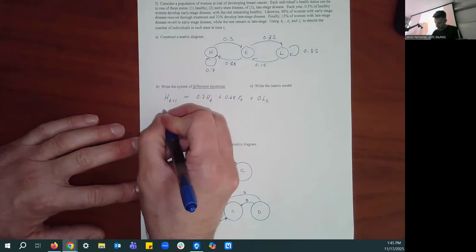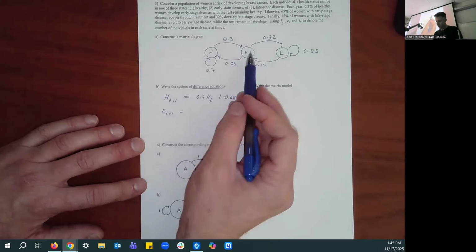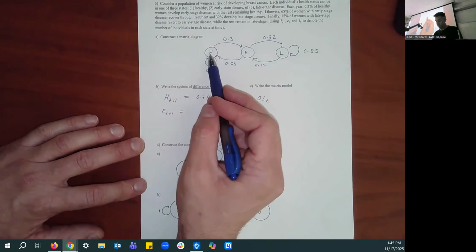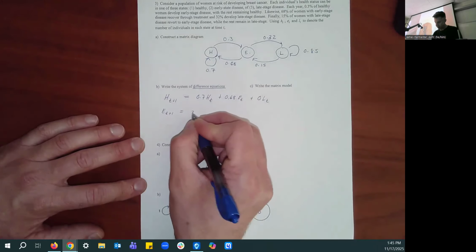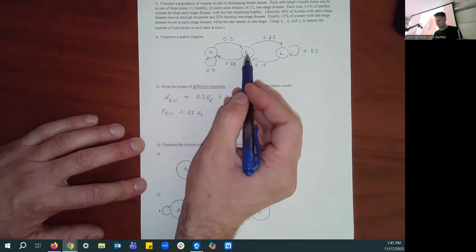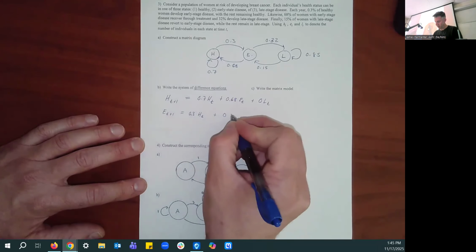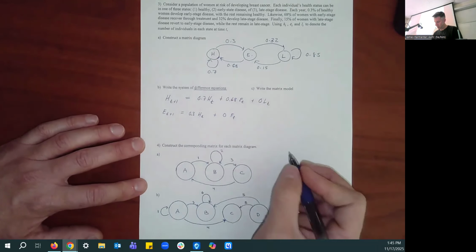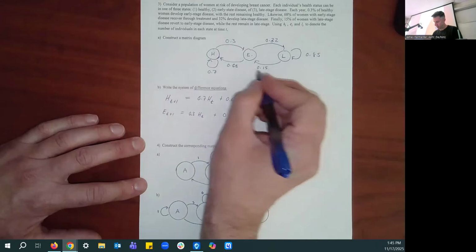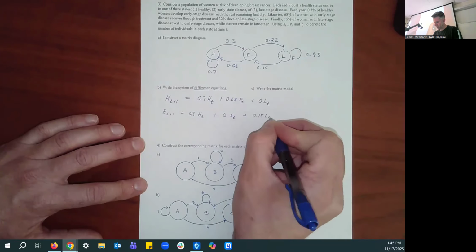For early stages next year, we know that 0.3 or 30% of the healthy people are going to become early. And then what else is going into the early? Early is not going into itself. So you have 0% of the early stage people staying early stage. And then of the late stage, 15% of them become early stage. So 0.15 times late stage.